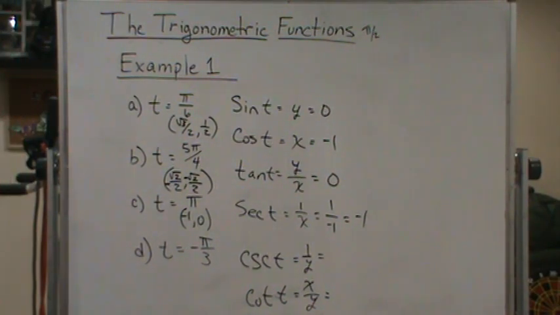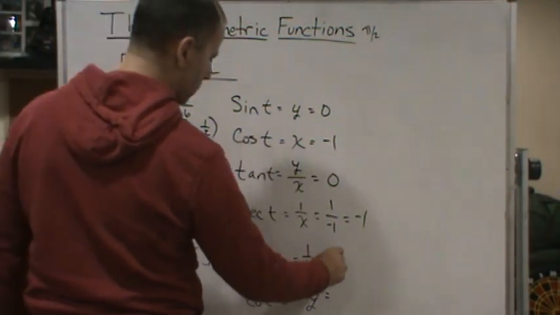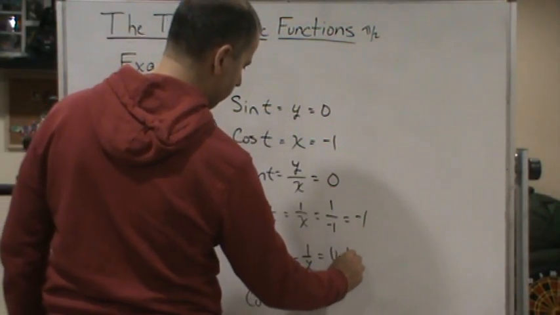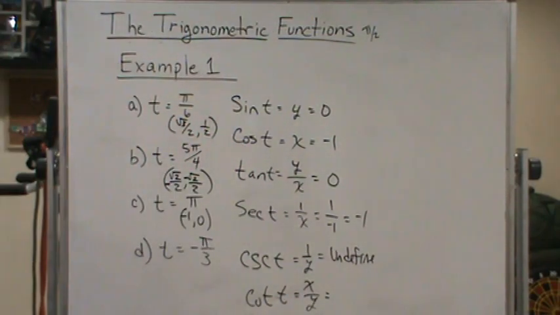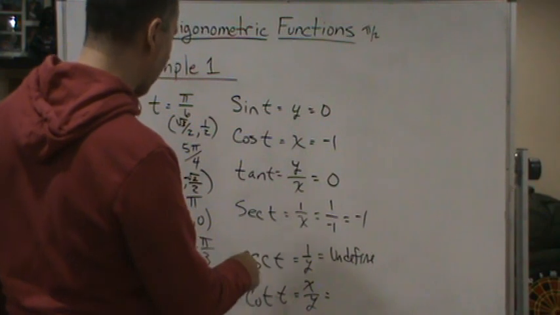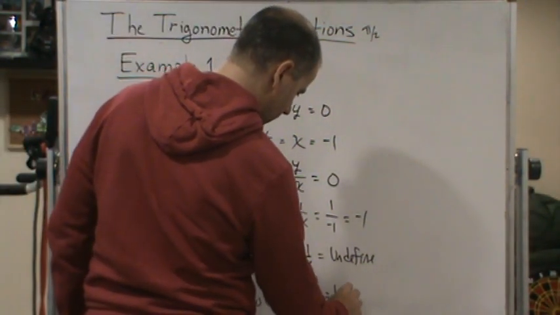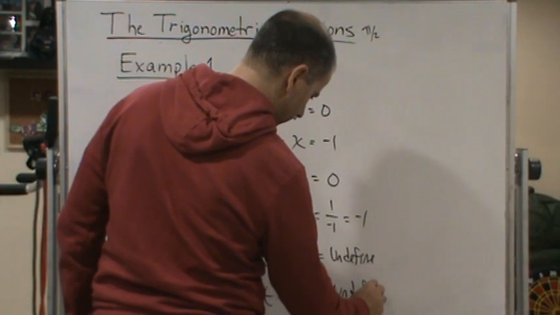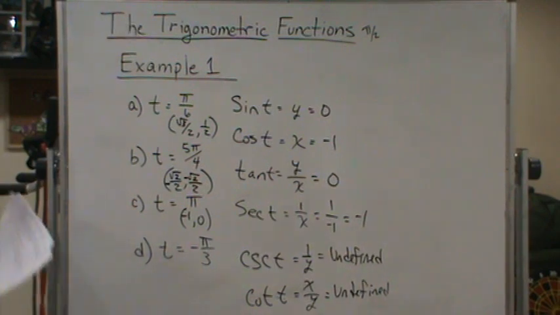But here, 1 over y is 0, so this is undefined, because we can't have 0 in the denominator, remember? And then here, x over y. Again, y can't be 0, so this is going to be undefined as well.